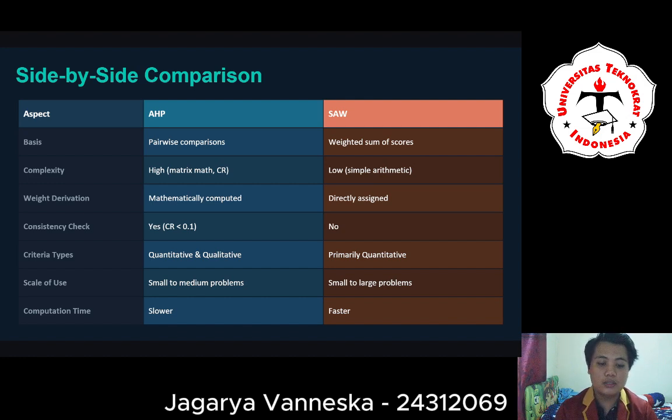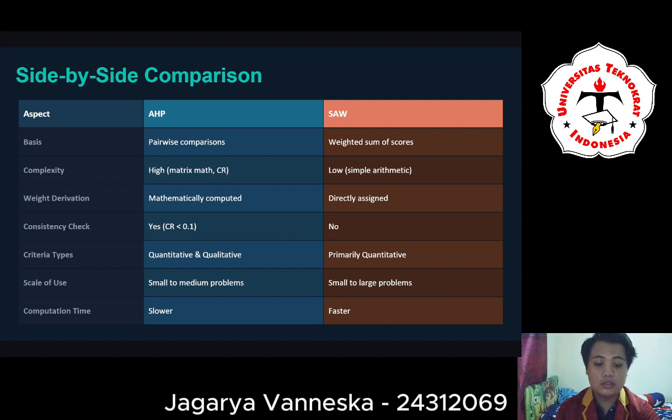AHP has high complexity because of matrix calculation and the consistency check. SAW has low complexity because it only uses basic arithmetic. Third, weight derivation. In AHP, weights are calculated mathematically from your comparisons. In SAW, weights are directly assigned by you based on your preference.